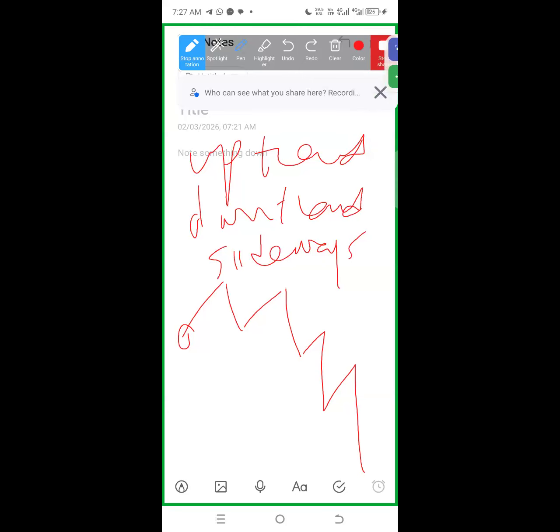But the question is, assuming I've drawn my support and my resistance here, how do I know that this particular chart is showing an uptrend or a downtrend direction? So that is where the structure of the market comes in.